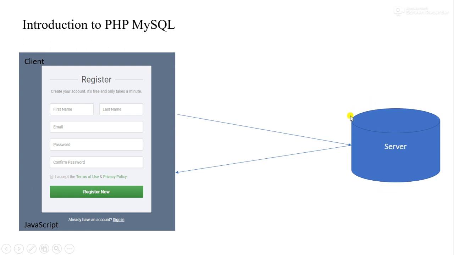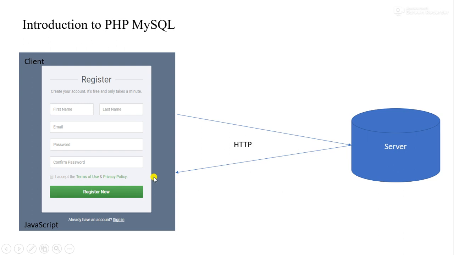This server may be in a remote location or any other location. So when you press the registration button after filling this form, your data needs to be saved on the server, and when you do the login, the same data needs to be retrieved from the server.